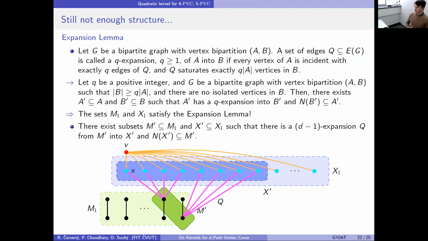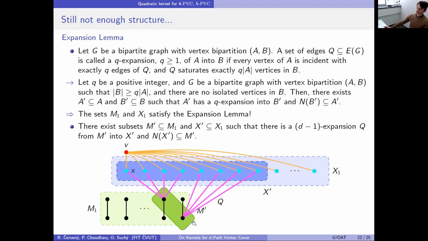And what we are going to use is a tool called an expansion lemma. These are the definitions of the lemma, but we don't really need to go in depth. The expansion lemma gives us the following structure.